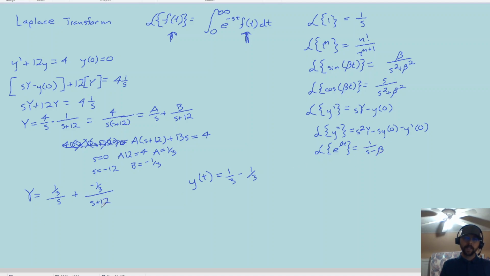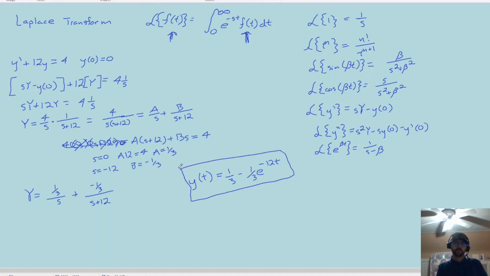So here beta would be -12 because it needs to be minus beta. So s minus -12. So we're going to have e to the -12t, which should be the answer if I didn't make any calculation mistakes.